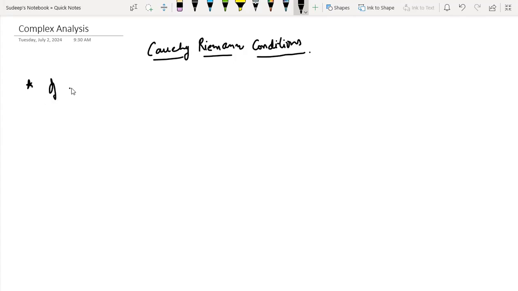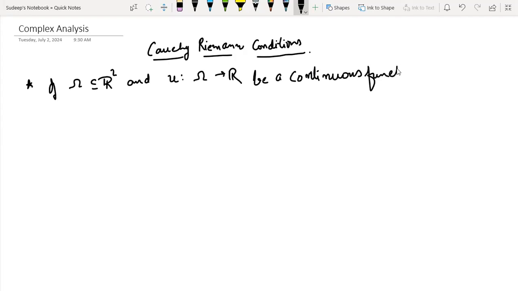So, if omega is a subset of R square and U, defined from omega to R, is a continuous function, then U is called C1.